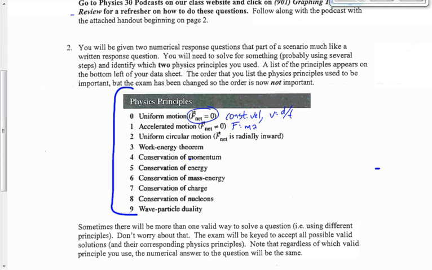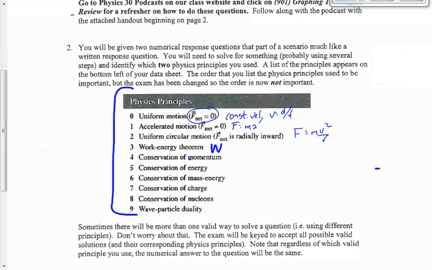Typically, that manifests itself when you're using F is equal to mv squared over r, which, remember, doesn't actually appear on our data sheet. We have a is equal to F over m, and we have a is equal to v squared over r. When we combine those two, we get mv squared over r. So just remember that. If you use that equation, mv squared over r, then you've used uniform circular motion.